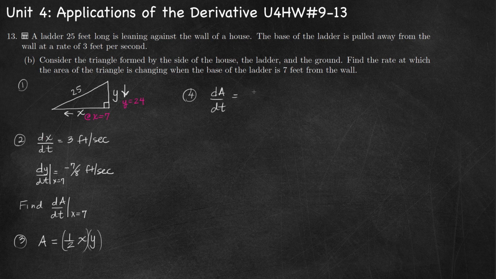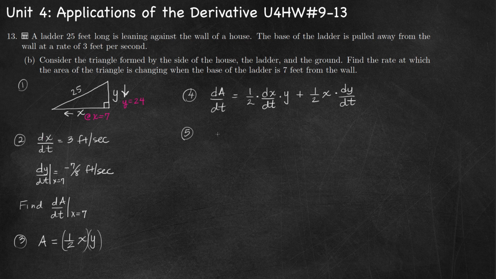So I take the derivative of 1/2 x, and that's 1/2 times dx/dt. So that's the derivative of the first, and now we multiply that times the second, plus the first, 1/2 x, times the derivative of the second. Now I need the derivative of y. Well, the derivative of y is 1 times dy/dt.